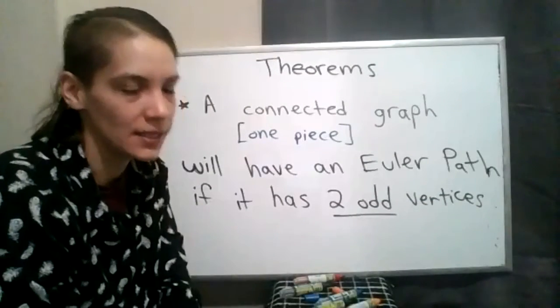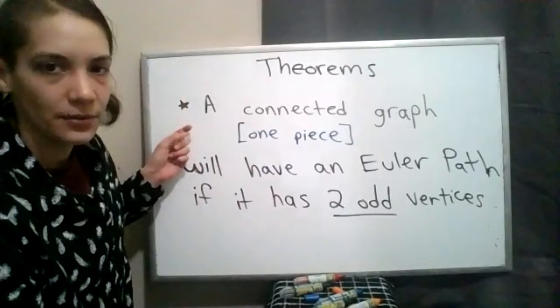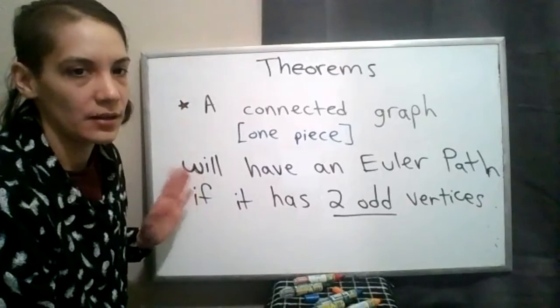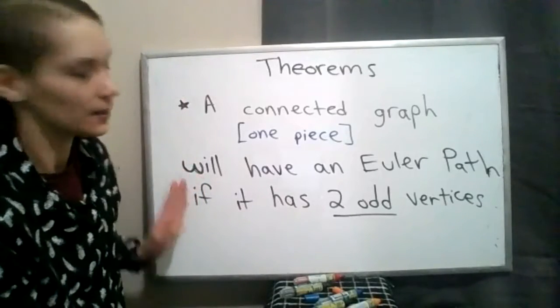Okay, the other one is a connected graph has an Euler circuit if there are 0 odd vertices.